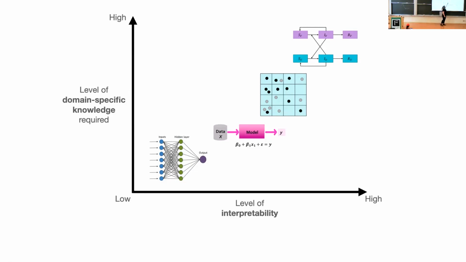If you move on, a linear regression is a little bit more interpretable because there are fewer moving parts, so we can understand what the parameters being fitted to the model are saying. And you don't need too much domain-specific knowledge, but I'd actually posit that you need a little bit more than with a neural network, because you have to know what the important covariates are, right? If you're building a neural network, you can throw as many covariates as you want in there and get a result, but you need a little bit of understanding of the system to say, well, maybe we don't use this variable or that variable, and that could actually improve your prediction.